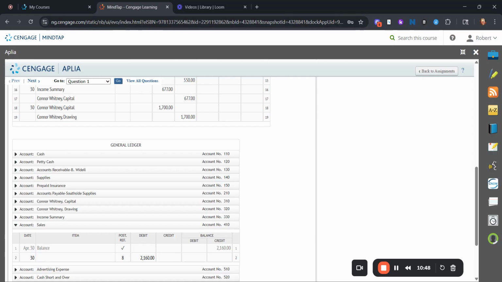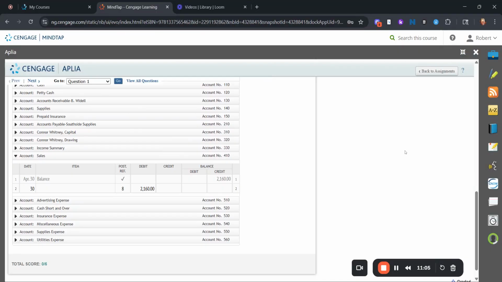Now we've got this debit entry, $21.60. So subtract. That brings everything to zero. Zeroes everything out for the end of the month.